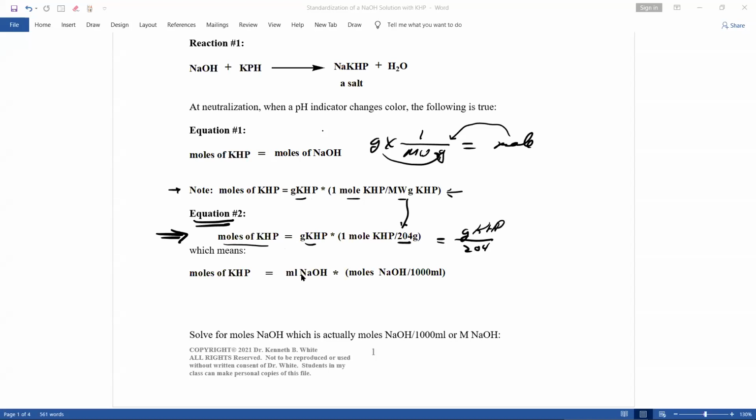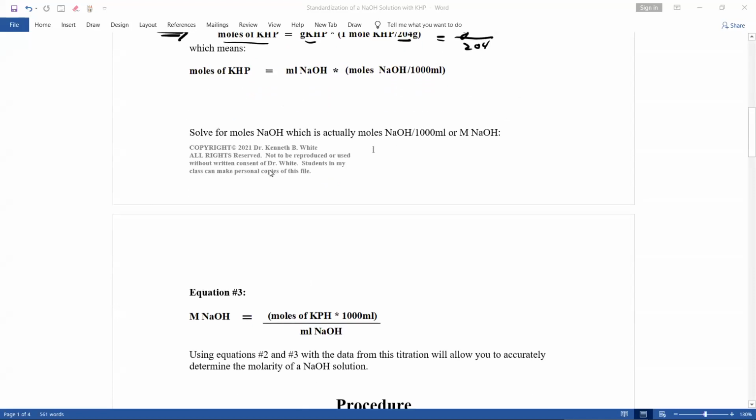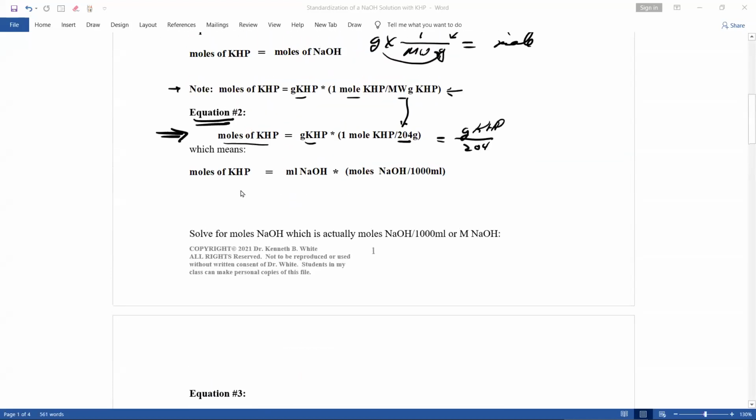And at that point, you know that moles of KHP equals moles of sodium hydroxide, which is equal to milliliters of sodium hydroxide times the molarity per 1,000.